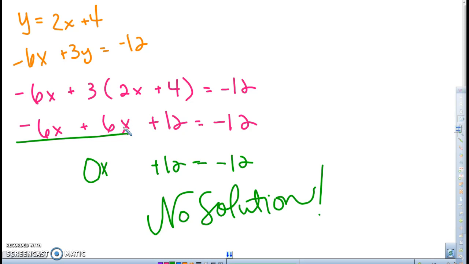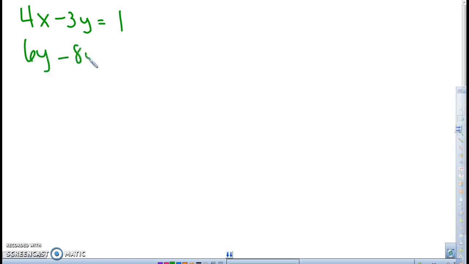So let's try one more substitution type problem. Okay, again, I did not give it to you in a way that makes it easy to substitute one thing in for the other.